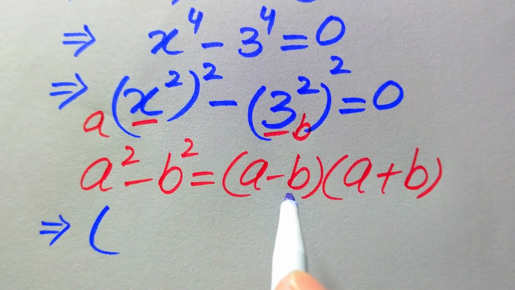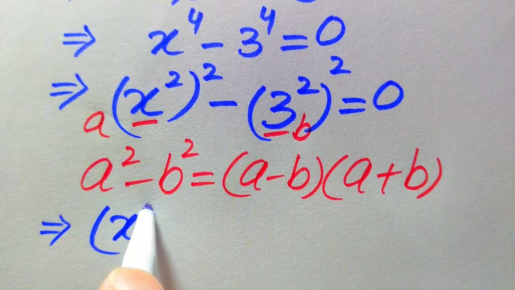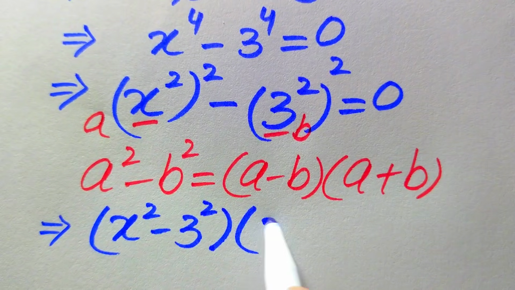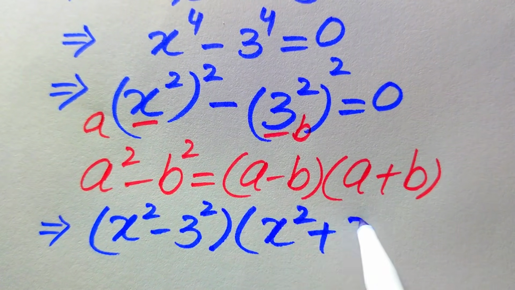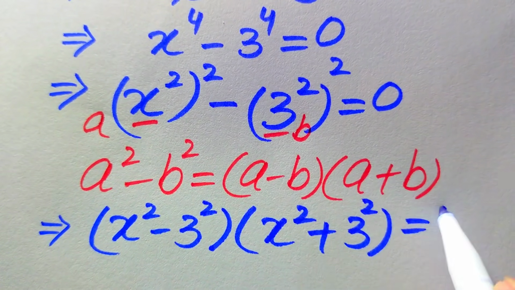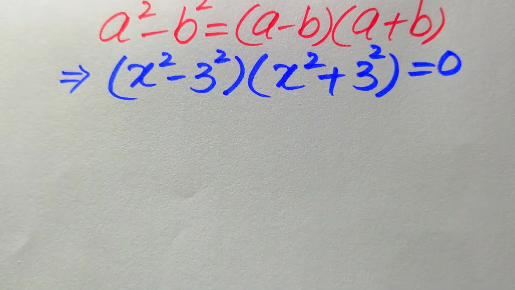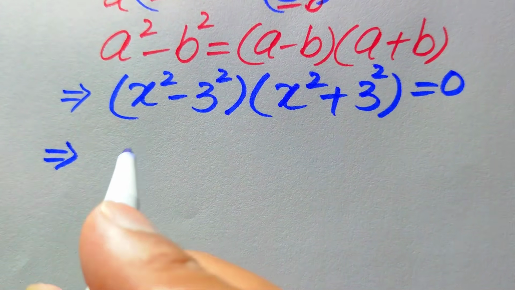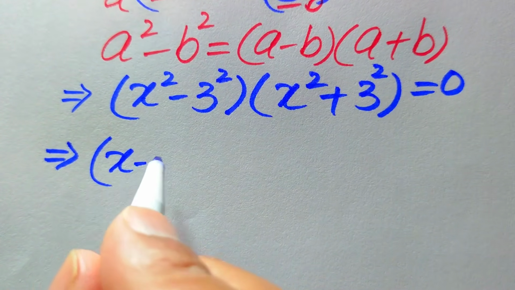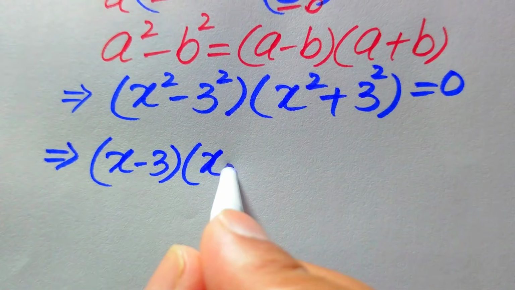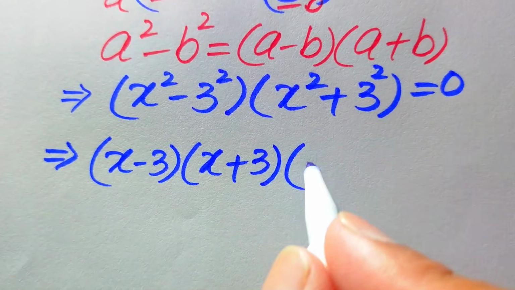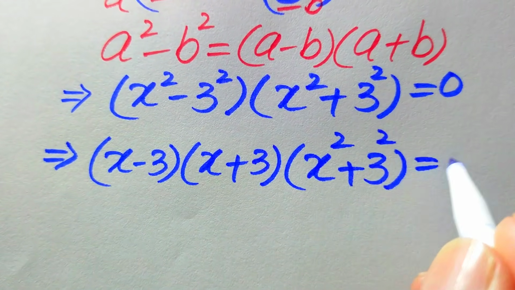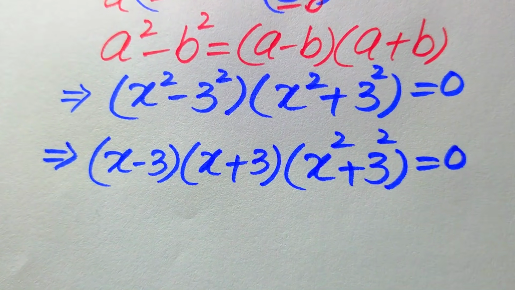This will be written in this form. The first factor is a minus b, where the value of a is x squared and the value of b is 3 squared. Again, the value of a is x squared and the value of b is 3 squared, and the whole equation equals 0. We again apply the formula to the first factor, and this is written as (x minus 3) times (x plus 3) times (x squared plus 3 squared) equals 0.